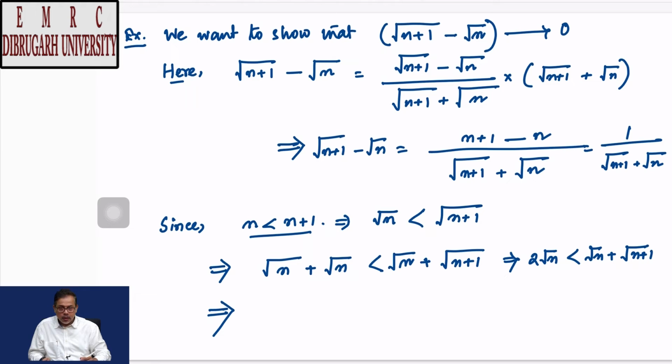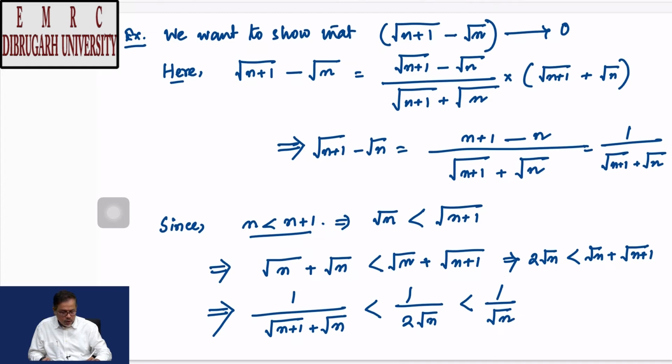Reversing, we will get 1/(square root n + 1 plus square root n) will be less than 1/(2 square root n), which is again less than 1/square root n. We have arrived at something similar to the earlier examples, but this time it is 1/square root n instead of 1/n.